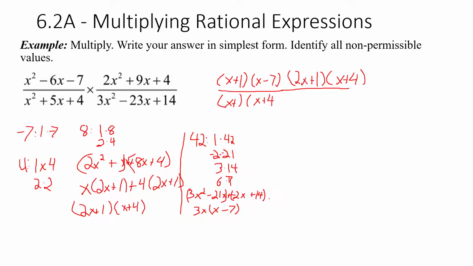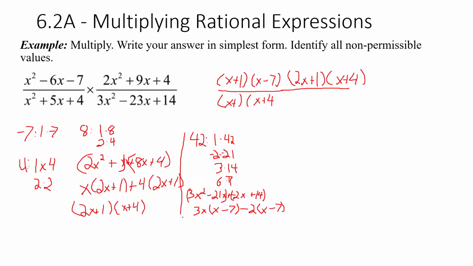Now from the negative 2x and the 14, you're going to factor out that negative 2. 2 and 14 both share a factor of 2, and you want to pull out that negative. So this will become negative 2 times x minus 7. Again, if done right, your brackets should be the same.